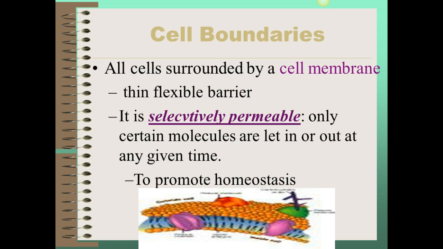Okay, we've talked a little bit about the cell membranes, and this coming week, we're going to talk a little bit more about them. But the cell membrane, remember, controls what moves in and out of the cell. So it's referred to as the plasma membrane. So we have plasma membrane, cell membrane, which is the same thing. And its whole function is to promote homeostasis.